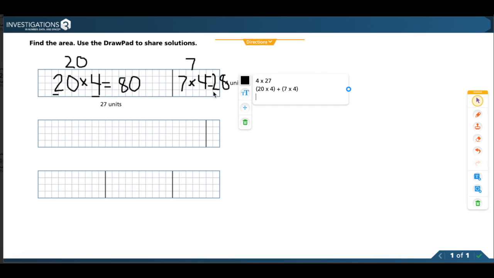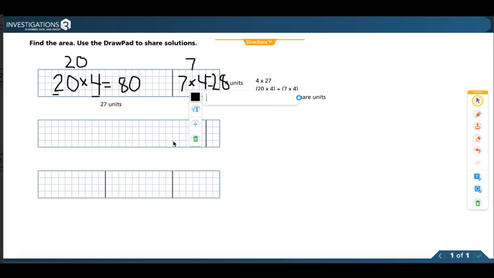I kept 4 the same. So 20 times 4 was 80, and now I need to add 7 times 4, which is 28. So 80 plus 28, I see that there's 80 plus 20, which is 100. And then I have 8 ones. So I have 108 square units.